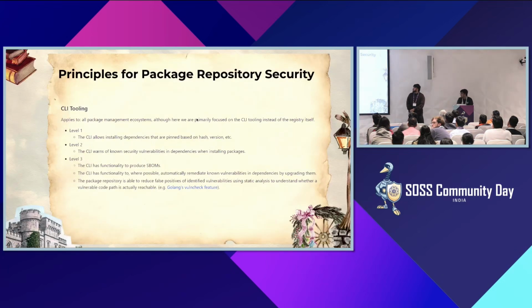And we try to follow all the principles mentioned here, given by OpenSSF itself. These principles ask us to pin the packages to a version or a hash, and we do that. We are also supposed to show vulnerabilities and dependencies when installing packages.